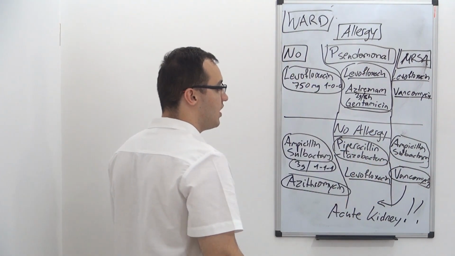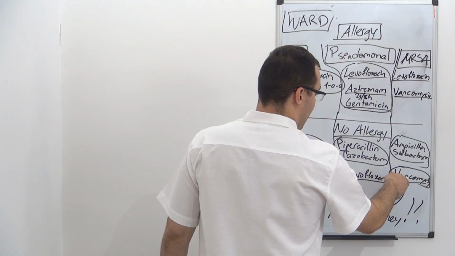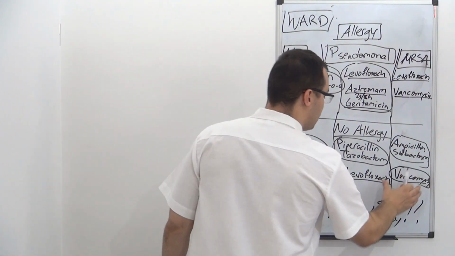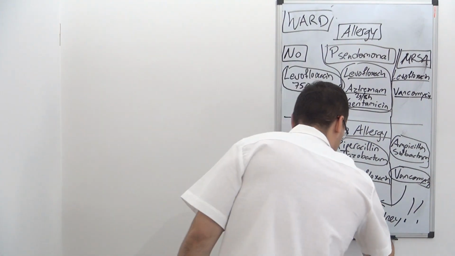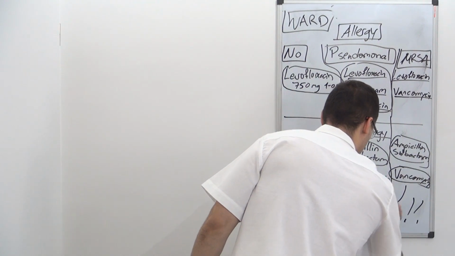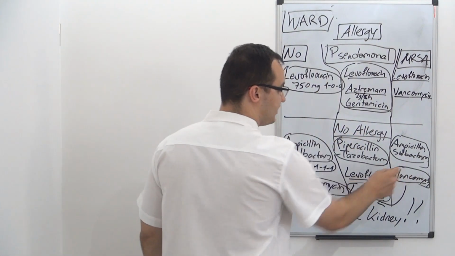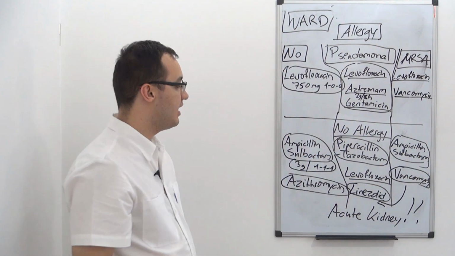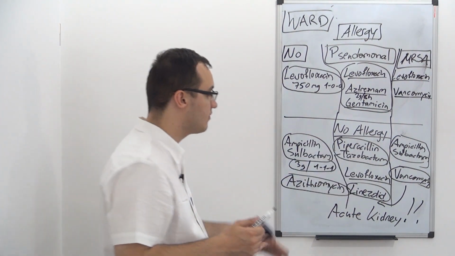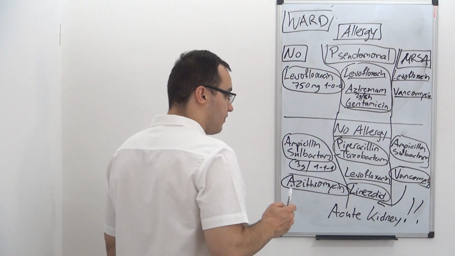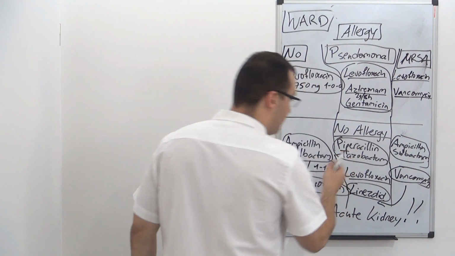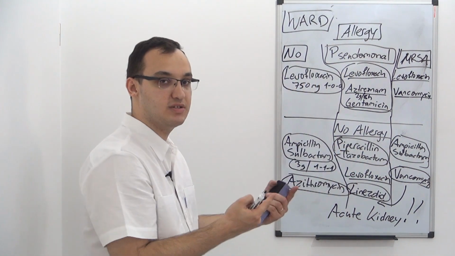What do we do instead? The other drug that is good against MRSA is linezolid. So I will write it here. That is another drug that is good against MRSA. And linezolid and piperacillin tazobactam can be used together. Or I can use a vancomycin, but then I need to change piperacillin tazobactam, because I'm not allowed to use these together.